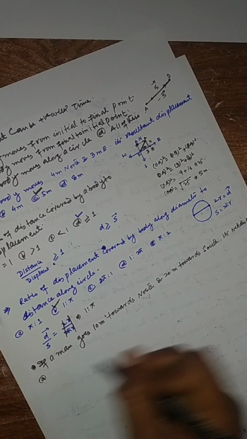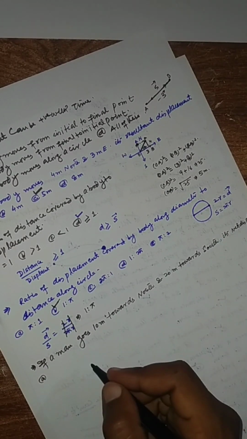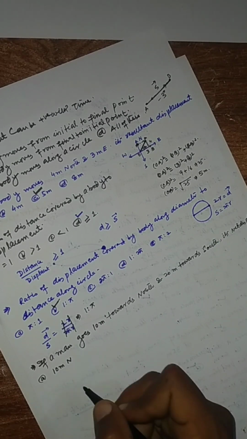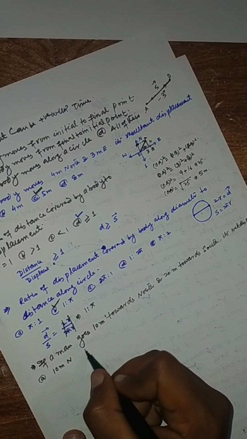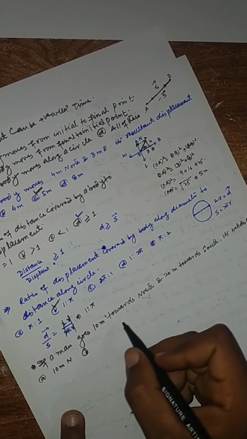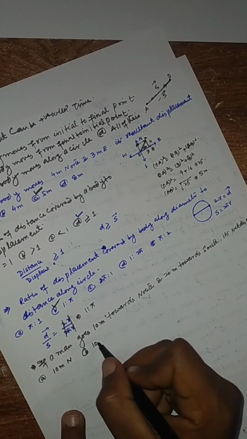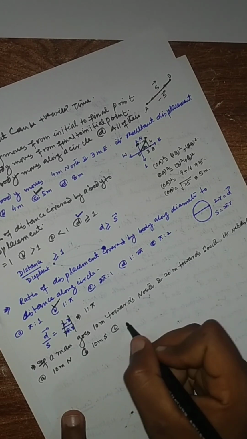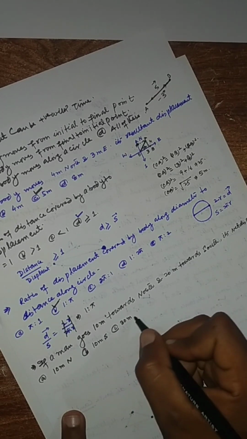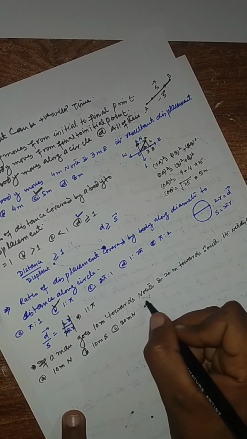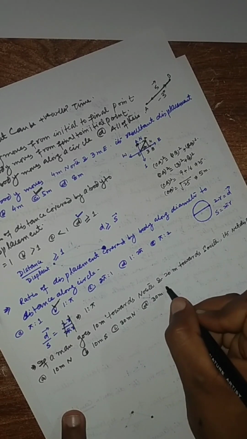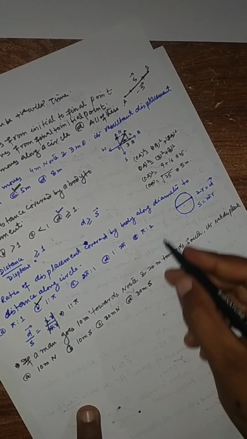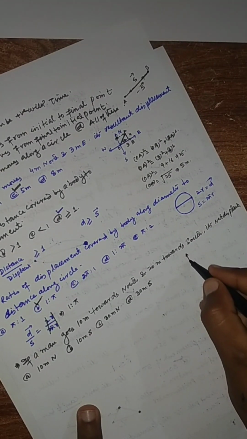Let's say the options are 10 meters towards north, or 10 meters towards south, or 30 meters towards north, or 30 meters towards south.